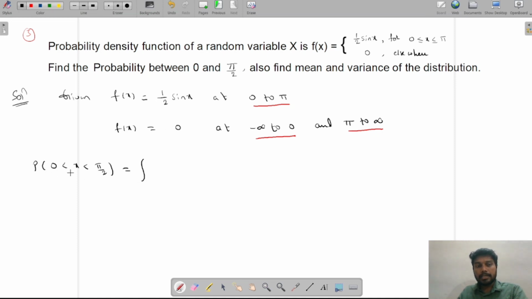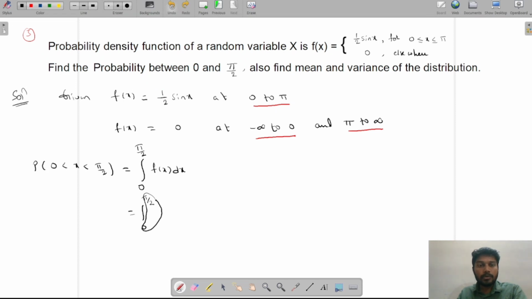So here x values are from 0 to pi by 2, then I can write it as the integration from 0 to pi by 2 of f of x dx. At these limits, what is the value of f of x?